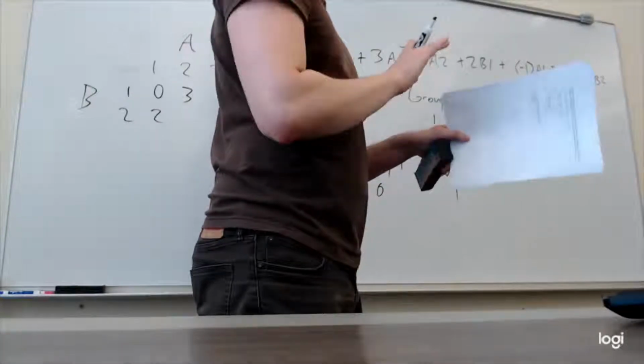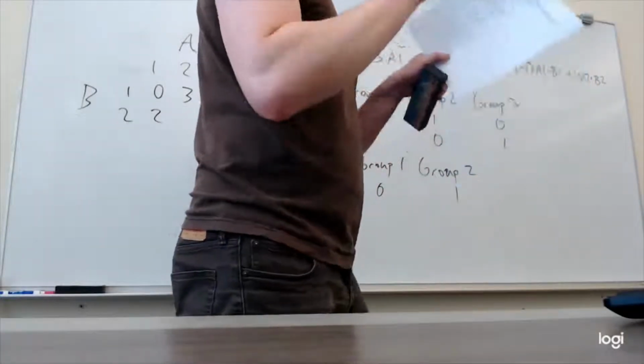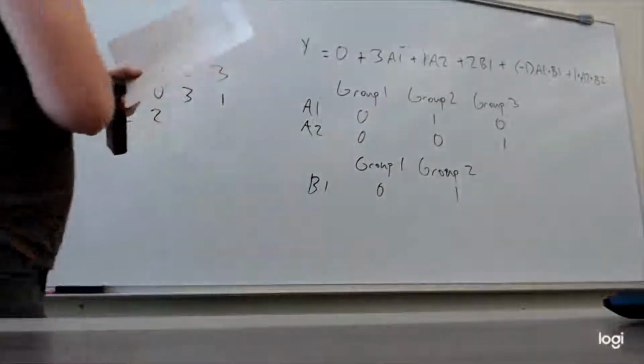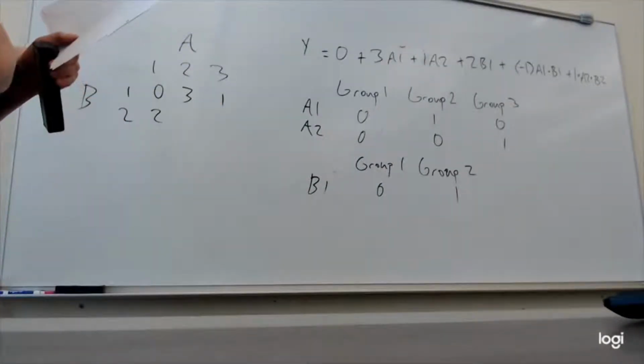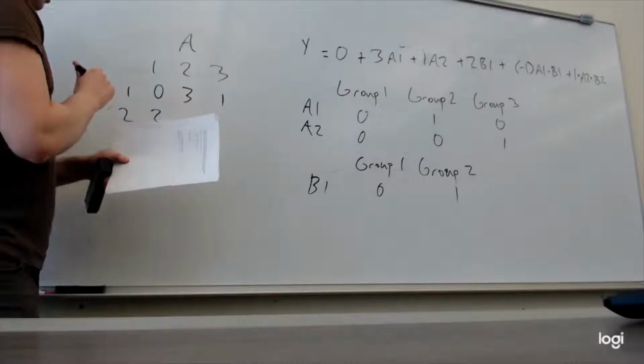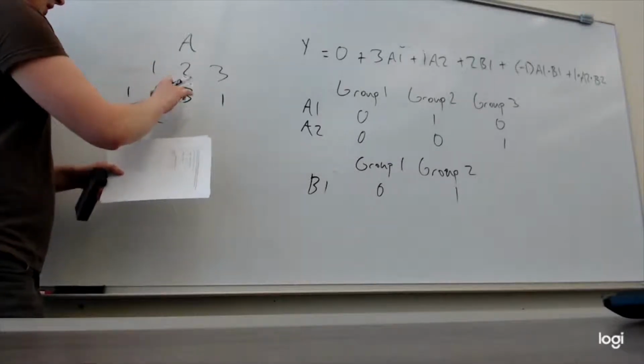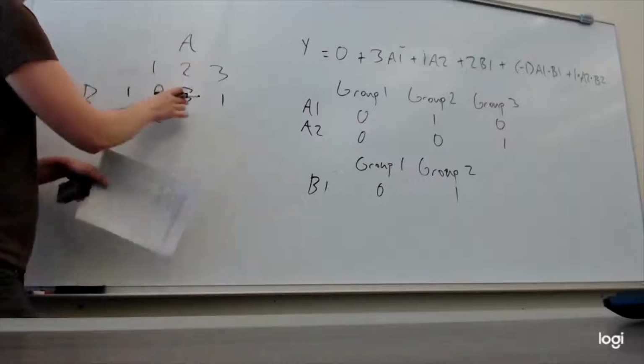Does that make sense? Go ahead. So on A2, B2, it's a negative 1. A2, B2, negative 1. So, okay.